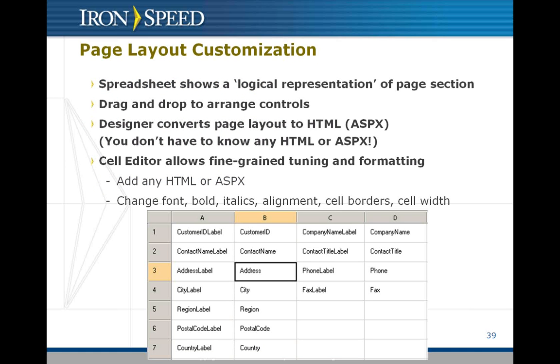So just as we talked about a little earlier, page layout allows you to drag and drop controls, move them along, and you don't have to know any HTML or ASPX. And then you can use what's called a cell editor to do fine-grained tuning, like change the background color, bold it, italic, and so on, without having to worry about knowing any of the HTML.